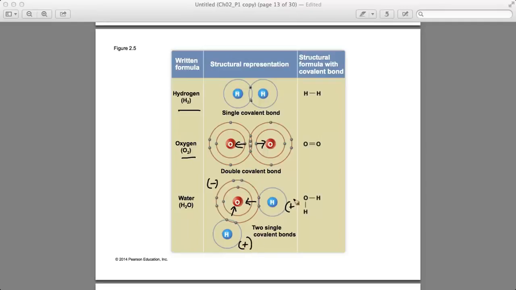I'm putting these in parentheses because they're not full charges, they're just partial charges. So, sorry, oxygen is a little more negative, and the hydrogens are a little more positive. Okay.